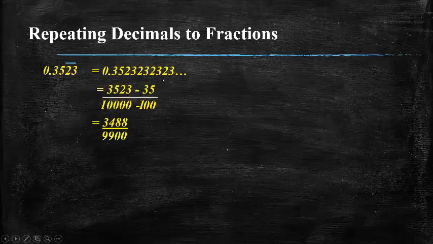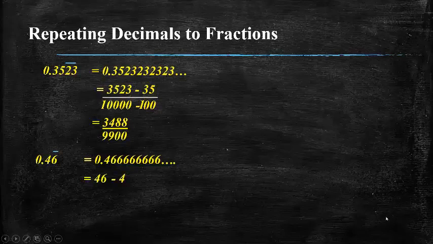Let me take another example. Here we have 0.46, and you can see a horizontal bar on top of 6, which means this decimal is 0.46666, where 6 is getting repeated infinite times. What I'm going to do here is take all the values after the decimal, that is 46, and subtract the non-barred value after the decimal, which is 4.